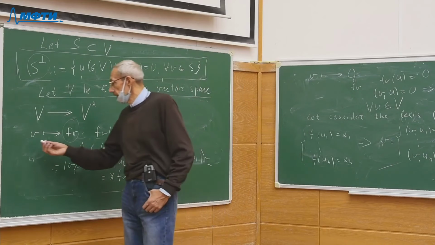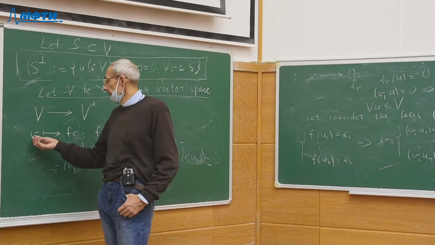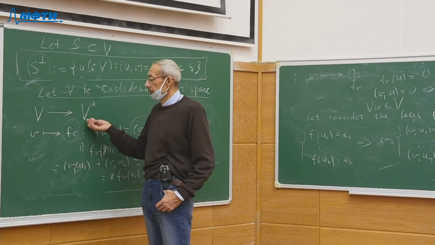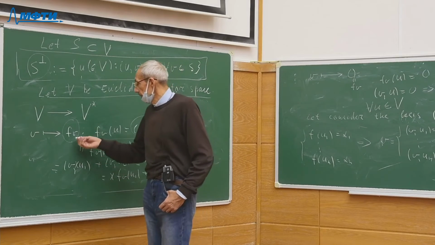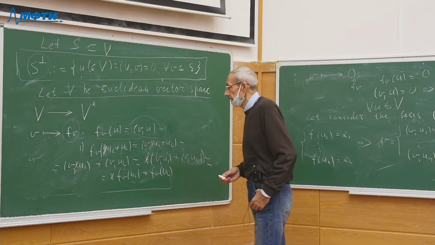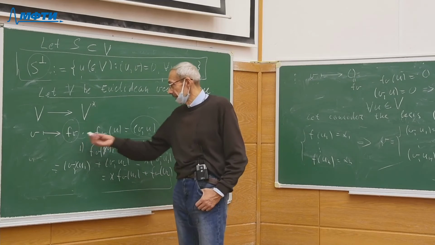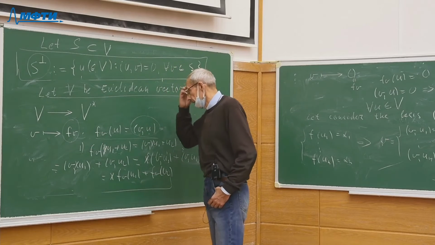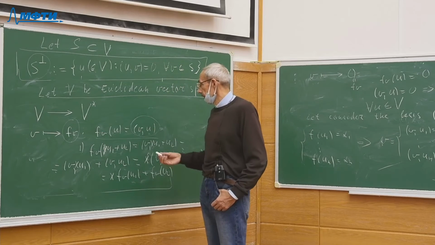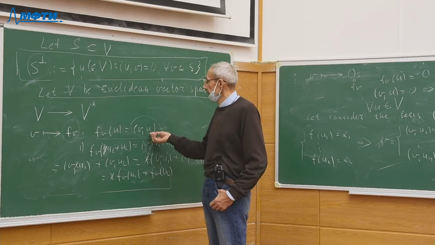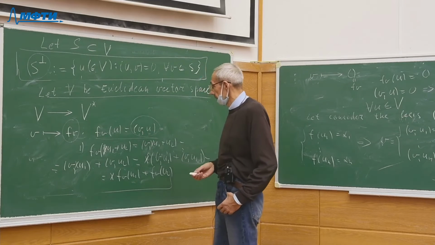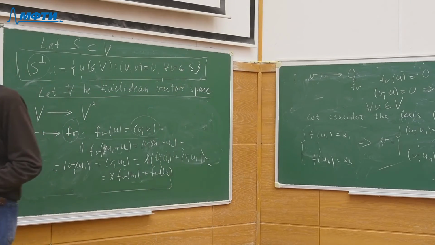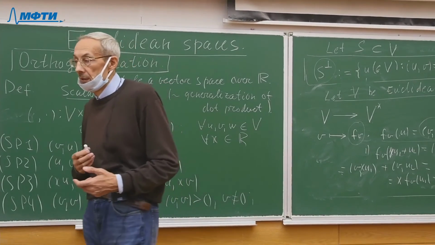This correspondence assigns to any vector v a functional of the dual vector space. The action of this functional is defined as the scalar product of the vector v and the vector u. And we obtain an assignment between vectors and functionals.